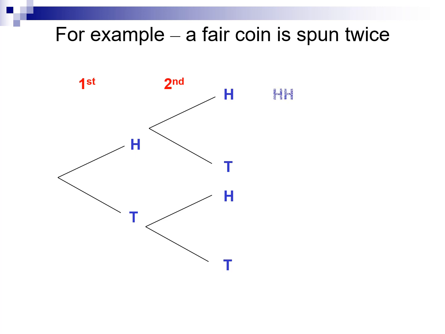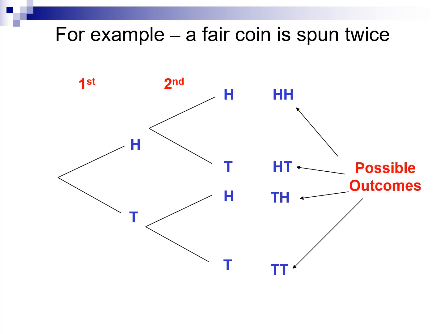So from here, let us list 2 heads, 1 head, 1 tail, 1 tail, 1 head, and 2 tails. So we have 4 possible outcomes for the sample space when a fair coin is spun twice.